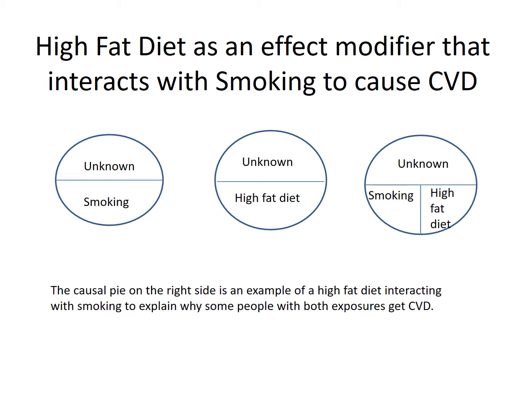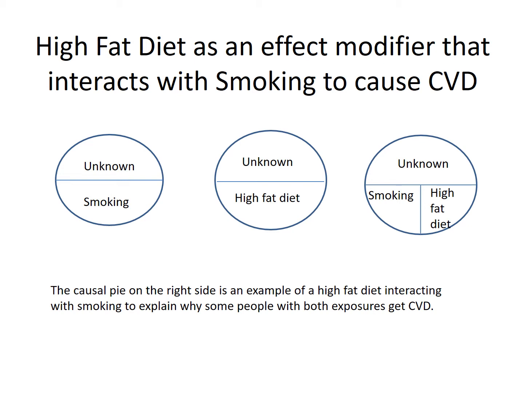So when we're testing for interaction, the question we're really asking is, does that third causal pie actually exist? And so when Rothman gives this formula of additive interaction, he's saying, essentially, if you add up the first pie and that second pie, and the people who smoke and have a high-fat diet have all their risks that can be explained by the first and the second pie, then that third pie doesn't exist.